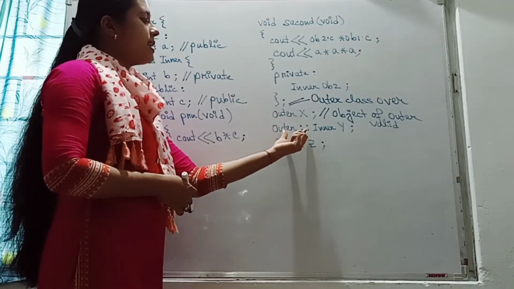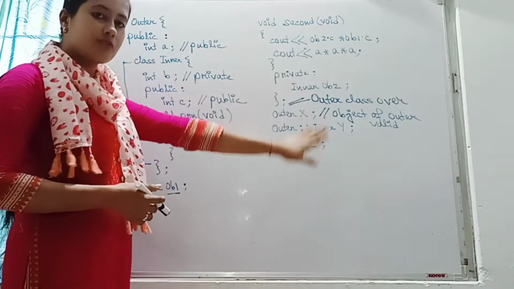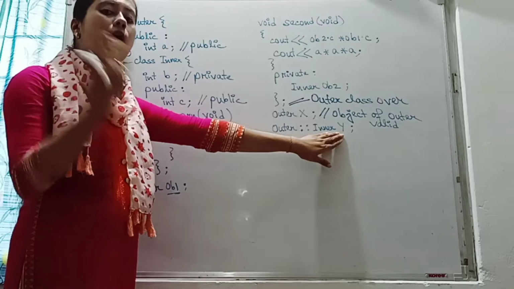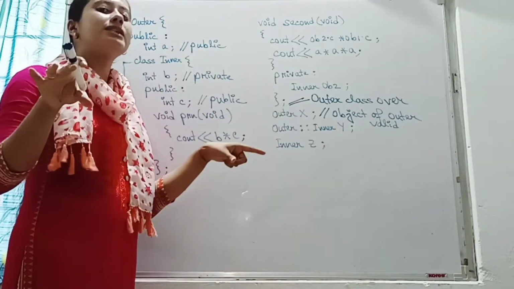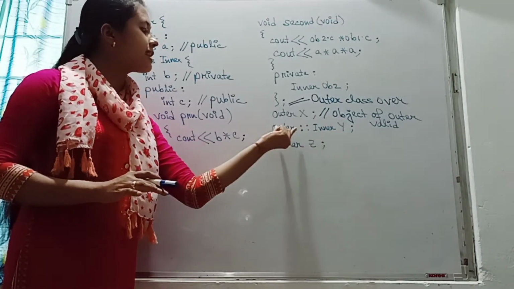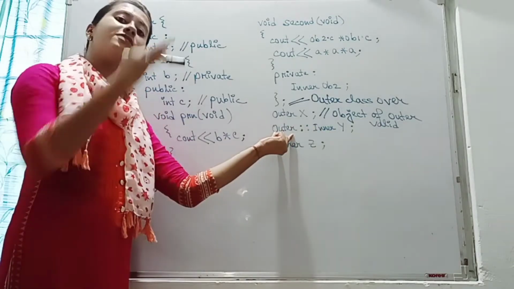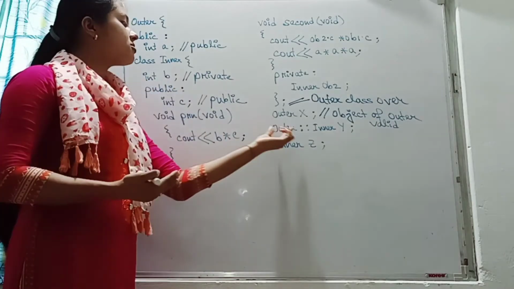Now you see, whenever we have come out of the outer class, and we want to declare any object of the inner class, then we have to mention the full name along with the outer, because the inner class's address resides where? Inner class's address is residing with the outer. Means the inner class is becoming visible because of the outer.